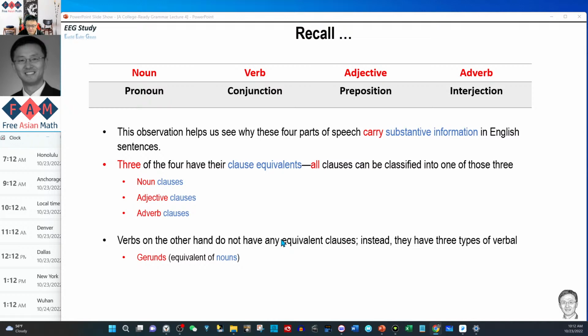So the 3 types of verbals are, first, gerund. Gerund functions as a noun. Second, participles. We have 2 types of participles. Present participle, which is the ing form of an action verb, or could be a be verb, being as well.